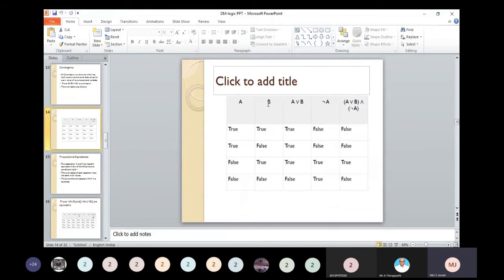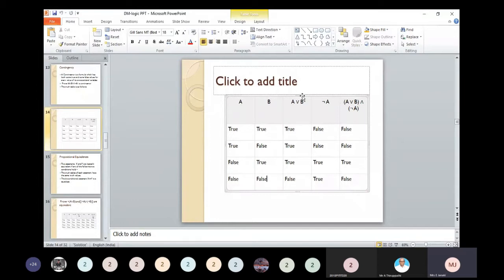A is one statement, B is another statement. See the final value. You have to calculate first A or B and negation A, which gives the final resultant value. So take A values and B values: true and true, true and false, false and true, and both false.